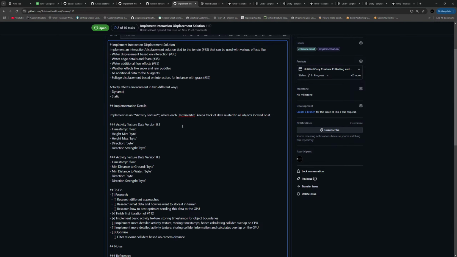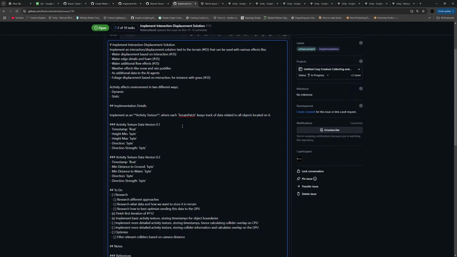Basically what I'm trying to say here is that we have dynamic interactions, that is water for instance. We have something running through water, and we want to animate some activity given that information. So I would guess that is more dynamic.